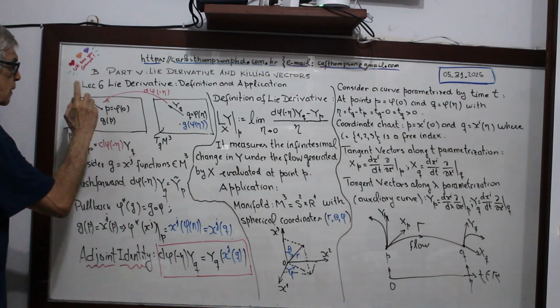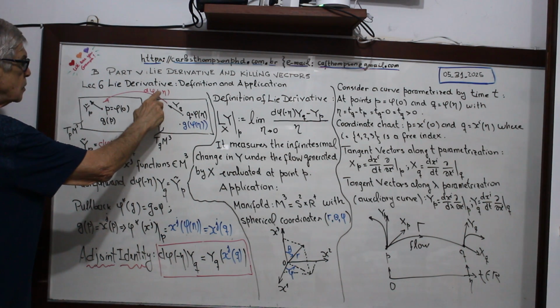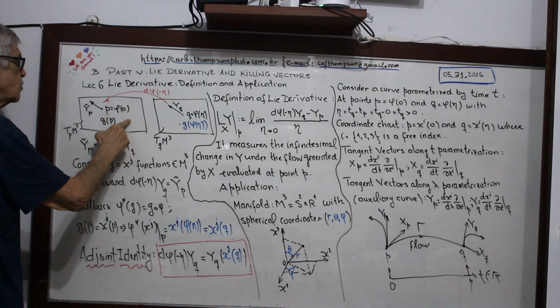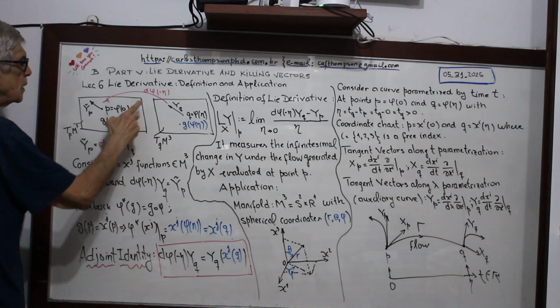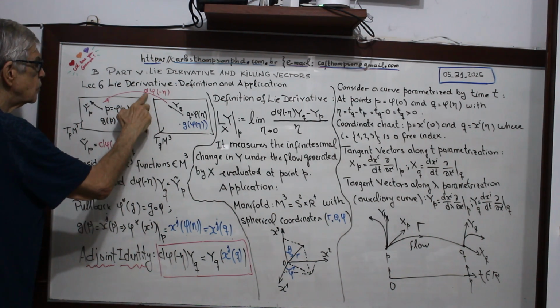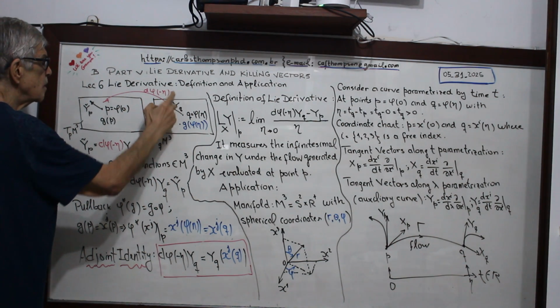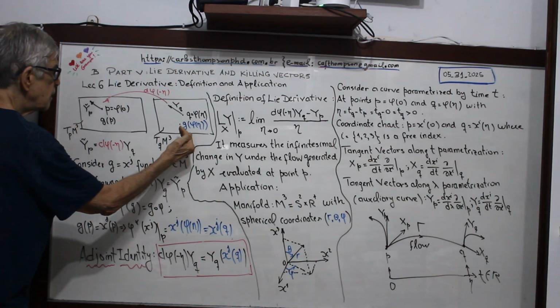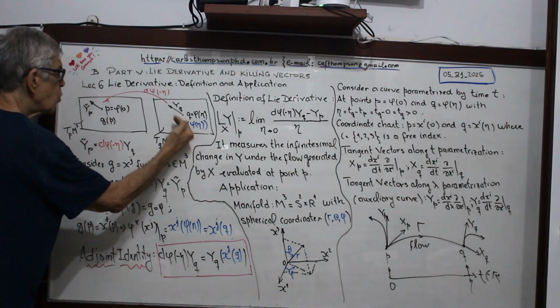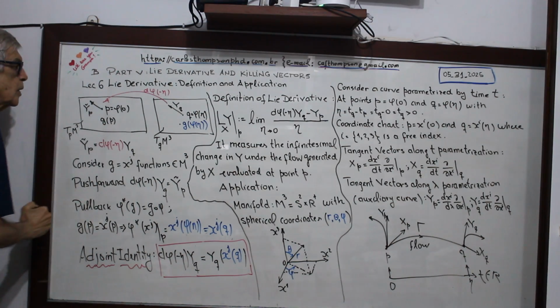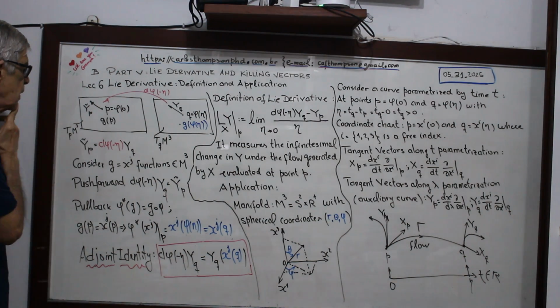So this is a push forward from this space to that one. This is the operator d phi of minus eta. Minus eta brings the push forward from Q to P, as written right here.